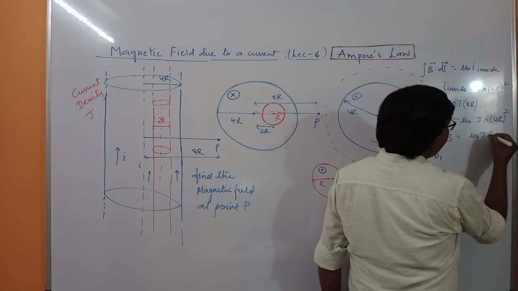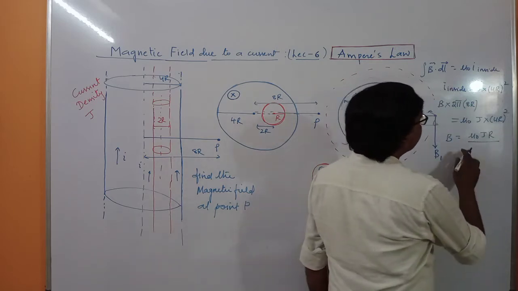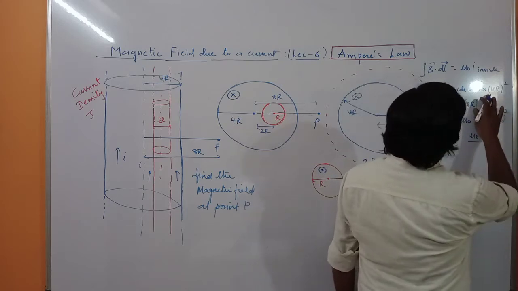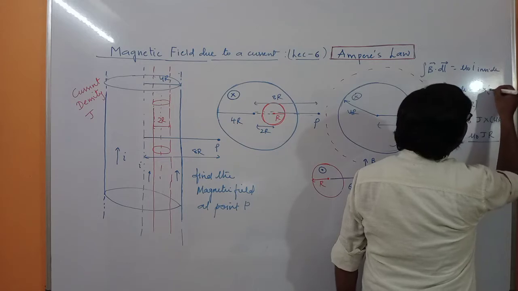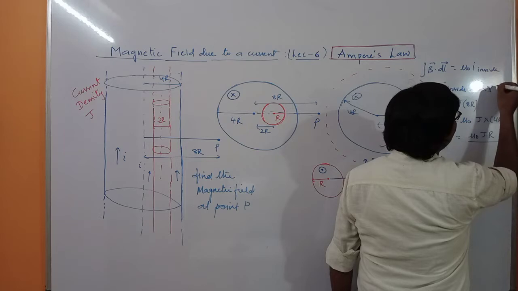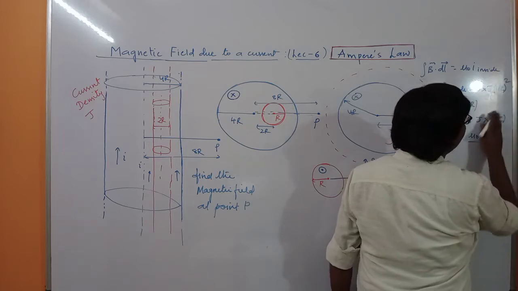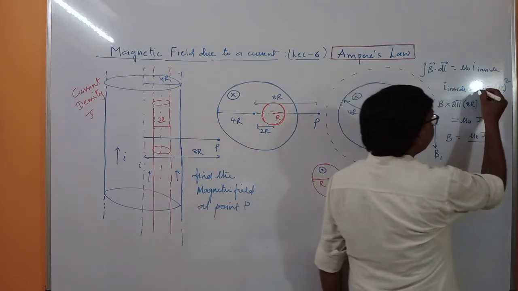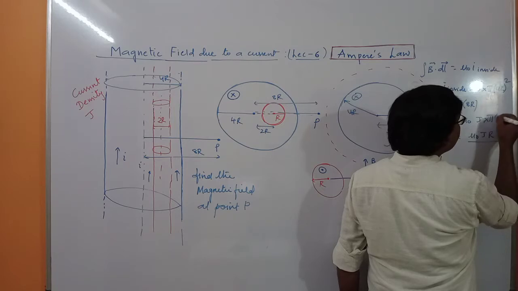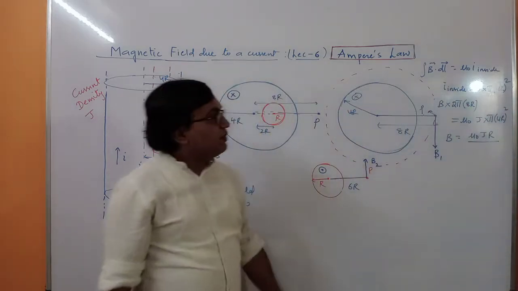Here r will remain, and in the denominator there is I inside. I inside is pi into r square, that is 4 r square. So here mu naught into J is the area. Area is pi r square.